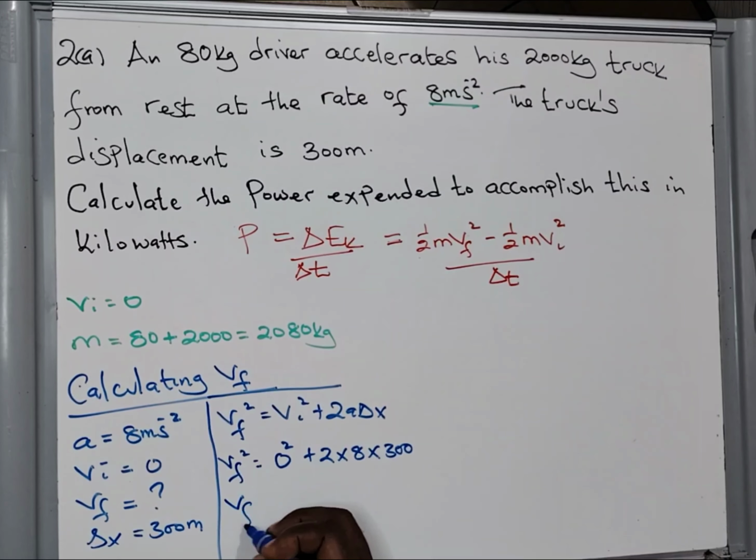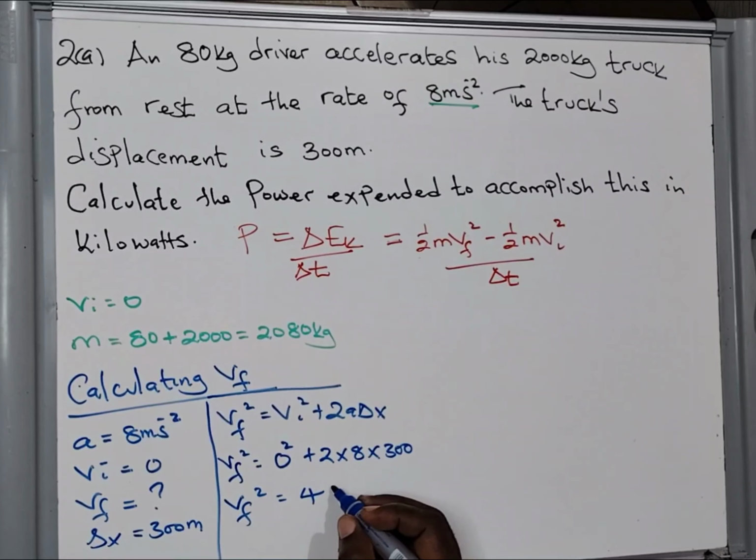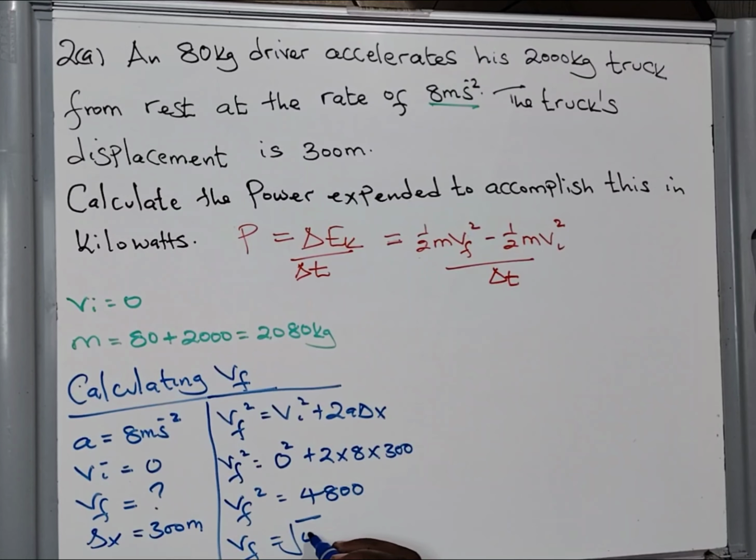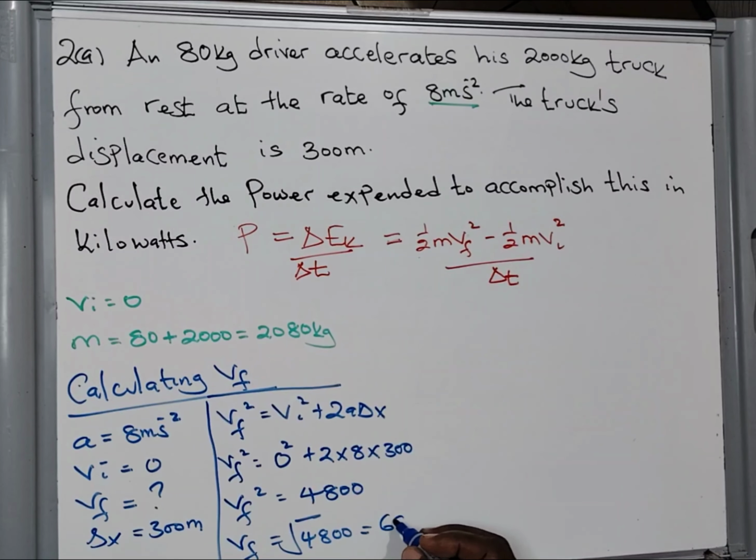What are you going to get here? We got 4,800, and we get our Vf as the square root of that. The answer comes to be 69.28 meters per second.